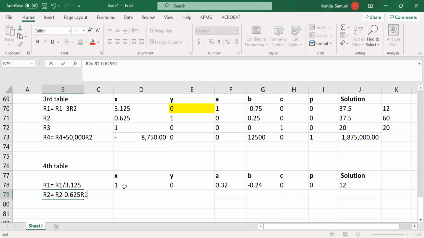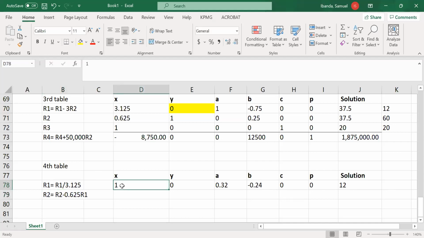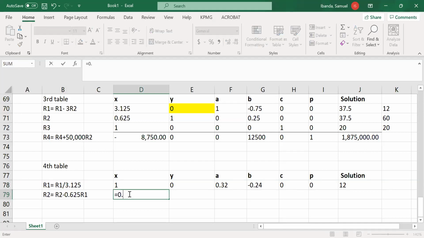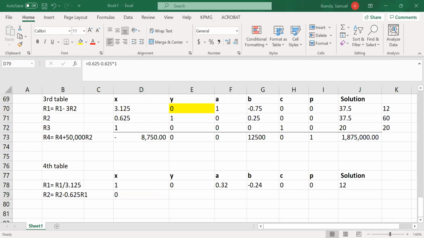Remember, R1 has now become 1. So if I pick my current 0.625 here, minus 0.625 times 1, which is my R1 up here, it will give me a 0. So I'll just have my 0 right there like that, okay?